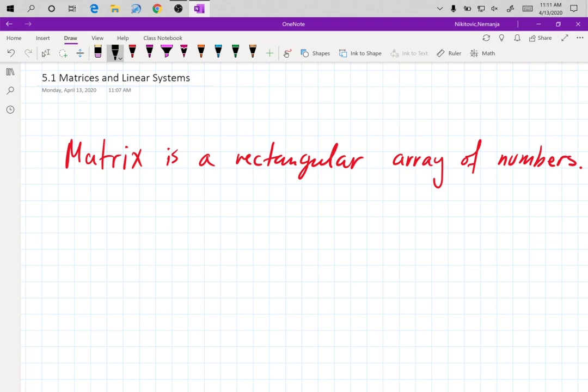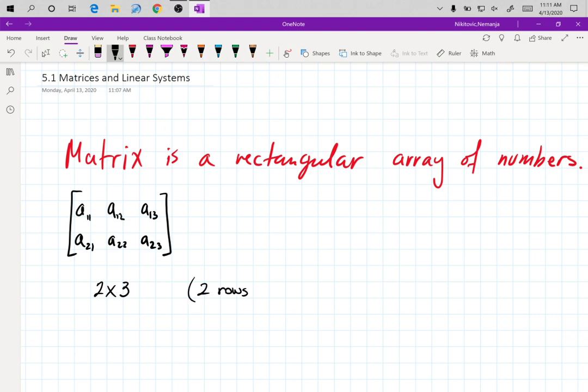Notation would be something like this. You can have A11, A12, A13, A21, A22, A23, and you can call that a matrix. It's a rectangular array of numbers. Now, this matrix would be 2 by 3, which means 2 rows by 3 columns.